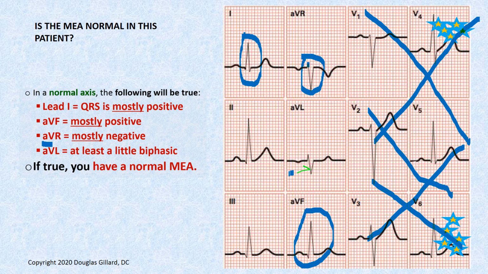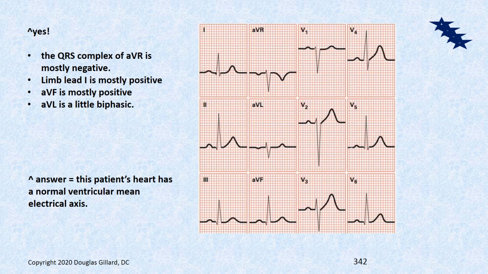It has a much bigger down limb, and the up limb, the positive portion, is here. But yeah, it is a little bit biphasic. So is this a normal mean electrical axis? The answer is absolutely. Okay, yeah, everything I just said.